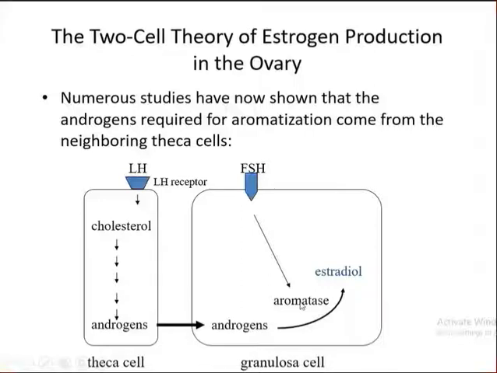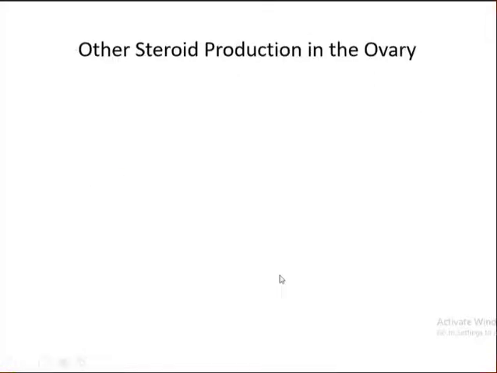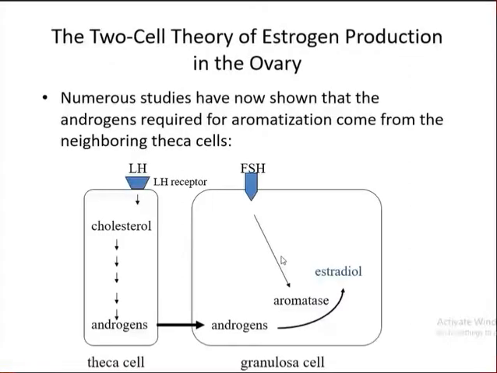This is the puzzle of ovarian hormone synthesis. So the theca cell provides the raw material, and the granulosa cells synthesize the estradiol, the female sex hormone.